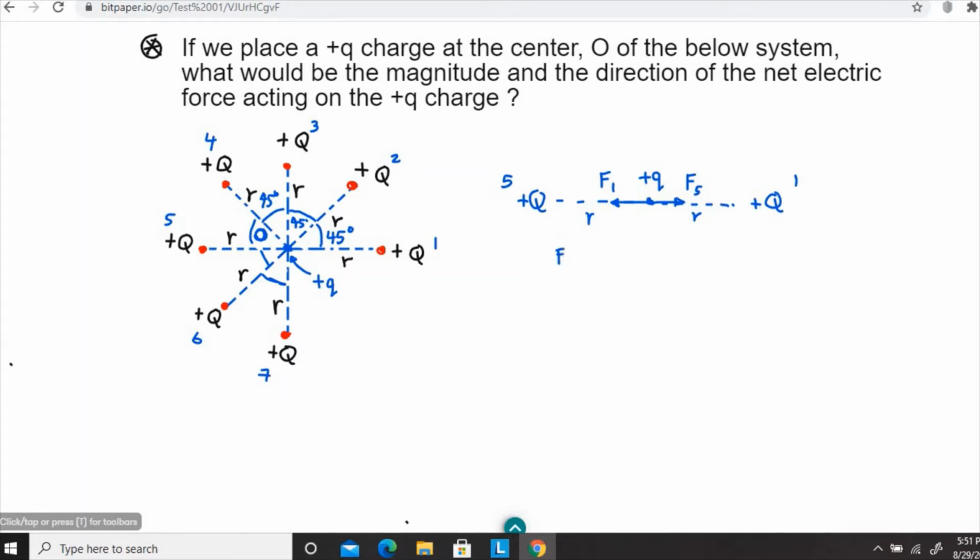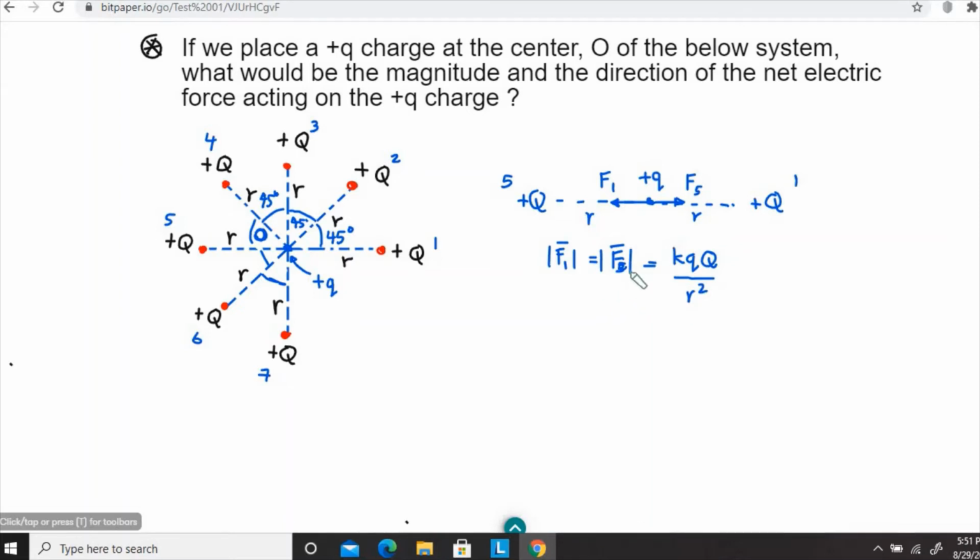So this is the magnitude of F1, this is the magnitude of F5. We can write that as K, magnitude of Q, the smaller charge, and the magnitude of the larger charge divided by the separation between the two charges, which is R squared.